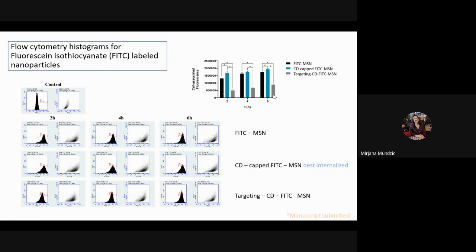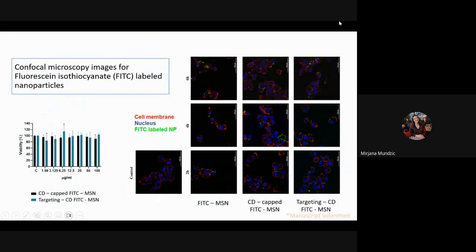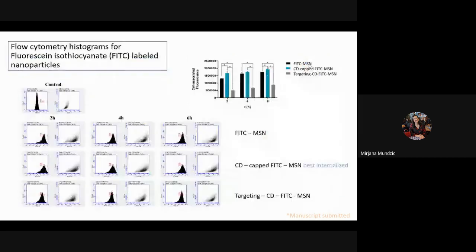So what has happened, if we go back to this picture, I mean, we can see them, but the thing is that with the flow cytometry, they are not being internalized. They are actually interacting with the MMP2, which is overexpressed at the membrane. So it prevents them from entering the cells, but it actually prolongs their time and their amount on the surface, on the cell wall.